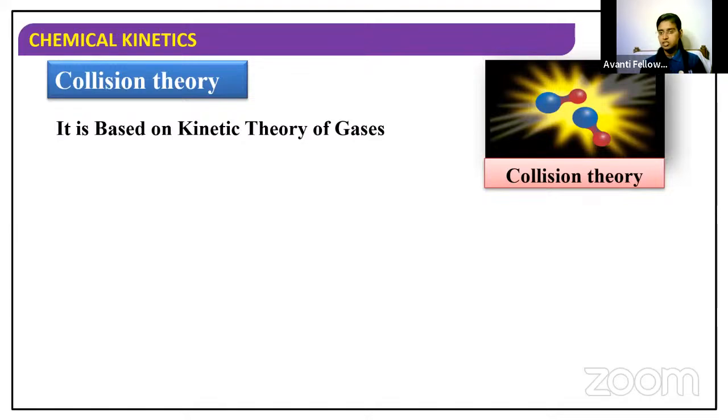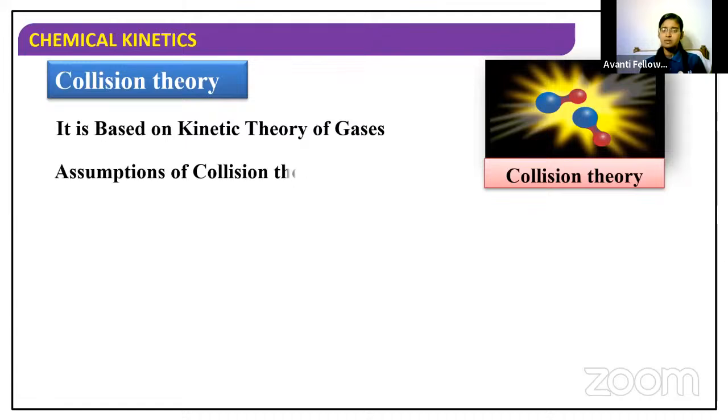But unfortunately, that lesson was deleted for you from last year. You don't have to worry. It is very easy only. So basically this collision theory is based on the kinetic theory of gases.